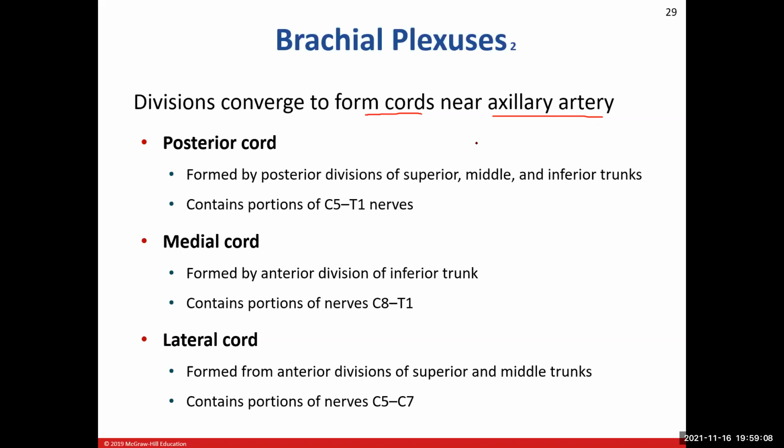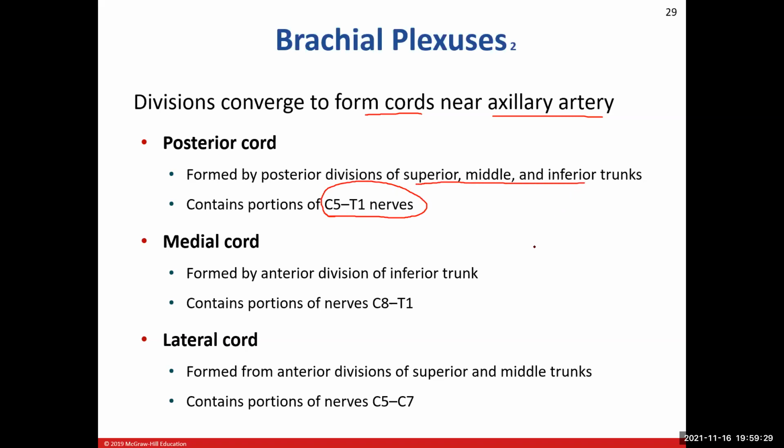So the posterior cord, if you notice, is going to get contributions from all the spinal segments, C5, C6, C7, C8, and T1. And that's because it got branches from all of the trunks here, the middle, superior, and inferior trunks.